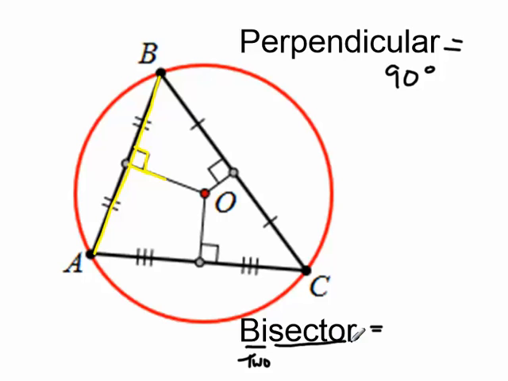When something is bisected, this means cut. So I am cutting something into 2. That means I'm going to cut this line AB into 2 equal pieces, this one here, 1, and this one here, 2. So I'm cutting this line into 2 equal pieces at a 90-degree angle.